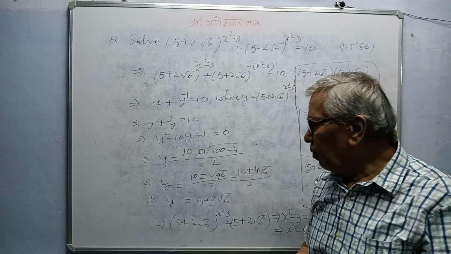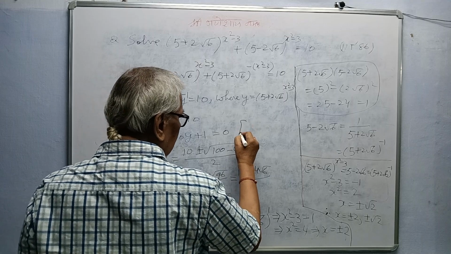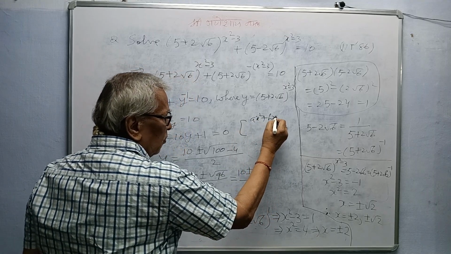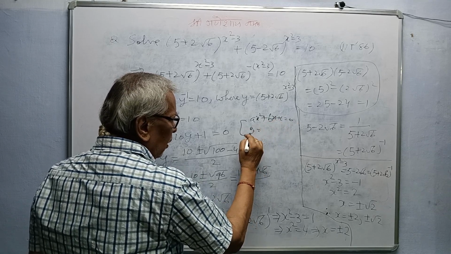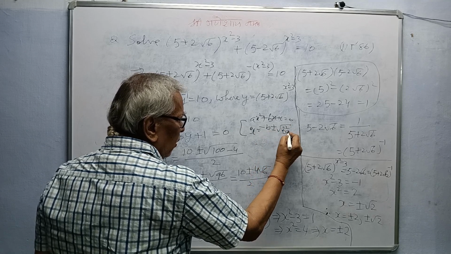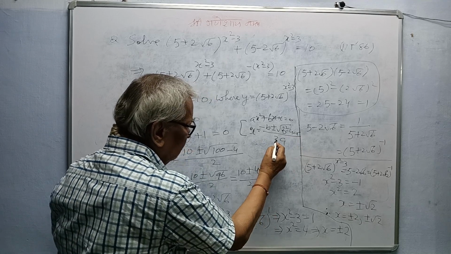So y is found by the formula: for ax square plus bx plus c is equal to 0, x is equal to minus b plus minus root of b square minus 4ac, divided by 2a. This formula.